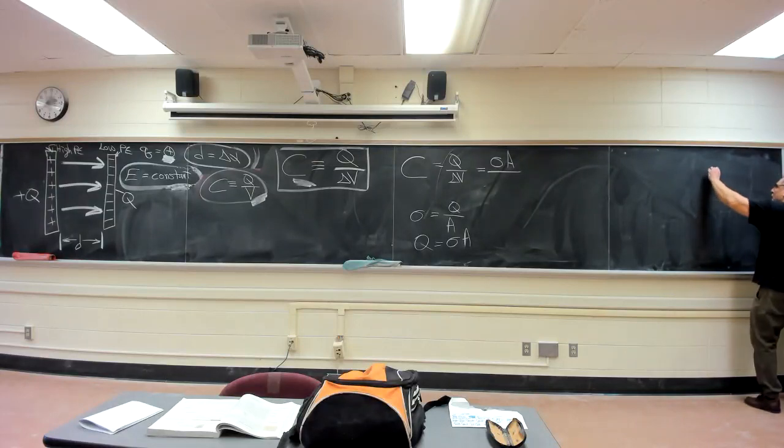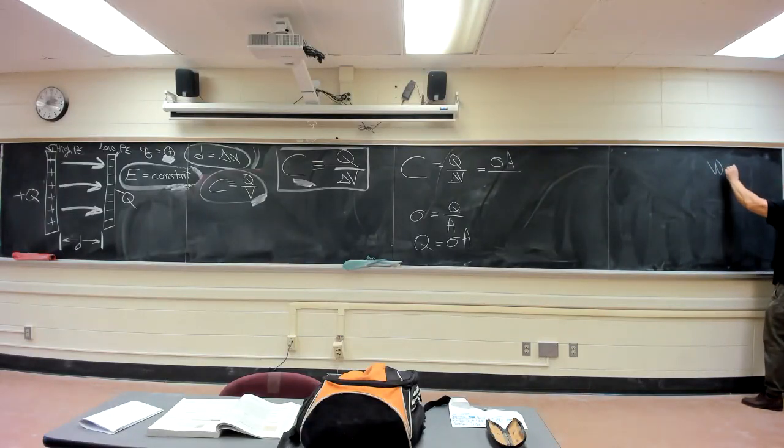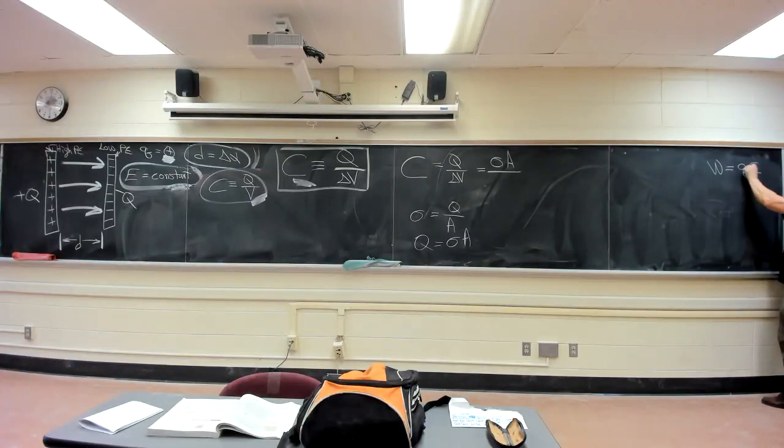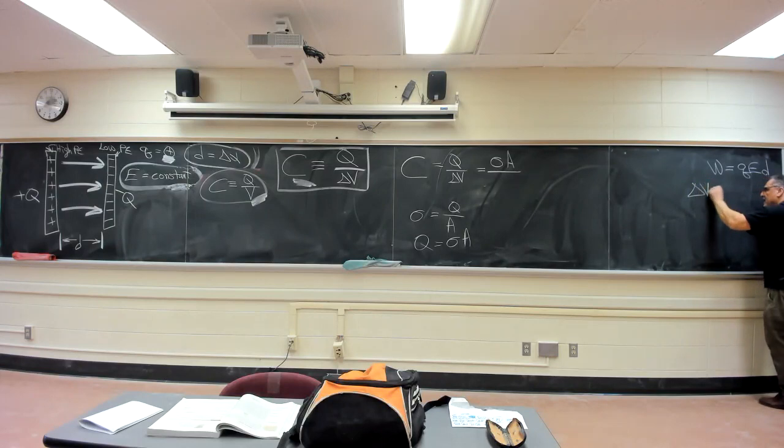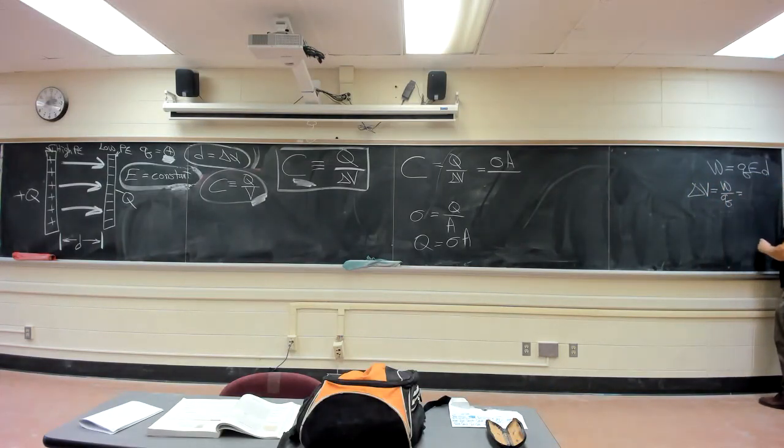Didn't we do that problem early on where we said that W was QED, delta V was W over Q, was QED over Q, delta V was ED?